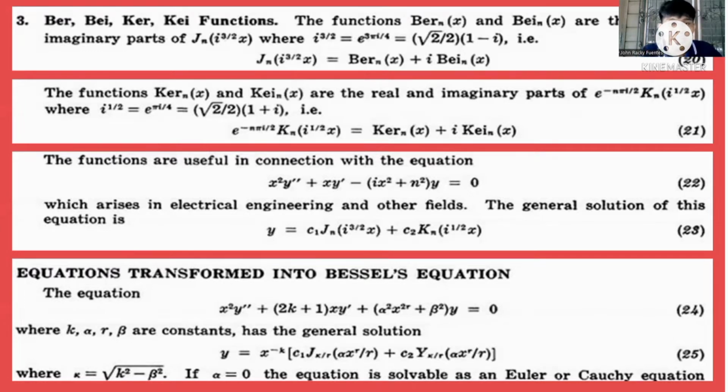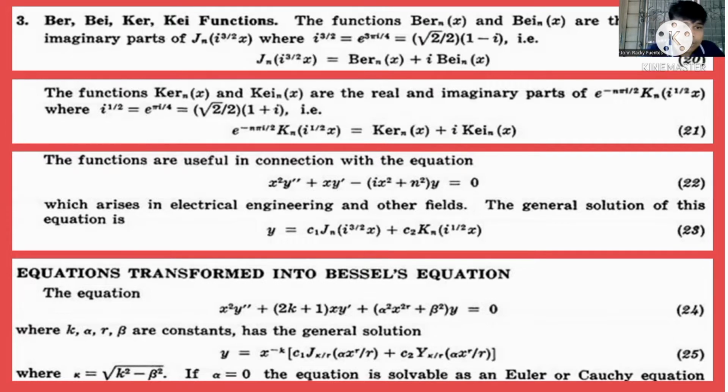What this says is that the functions Ber sub n of x and Bei sub n of x are the real and imaginary parts of J sub n of i to the 3/2 x. It also says J sub n of i to the 3/2 x is equal to Ber sub n of x plus i Bei sub n of x.